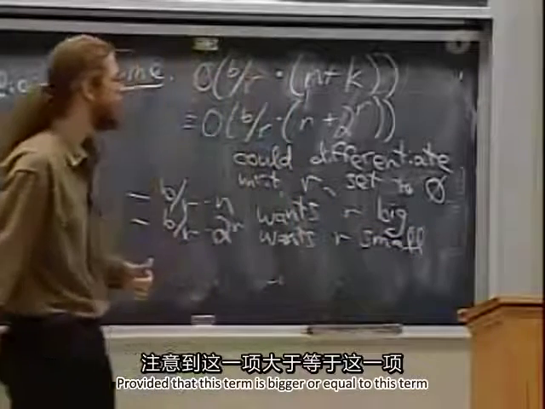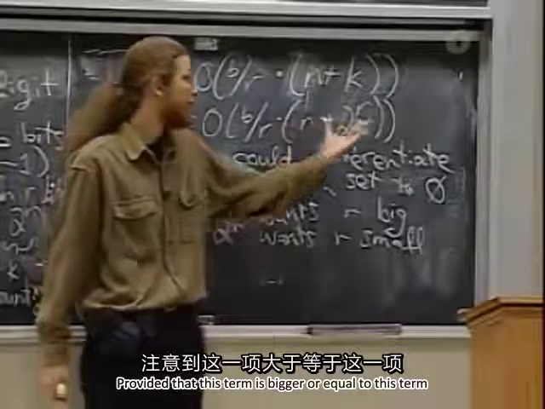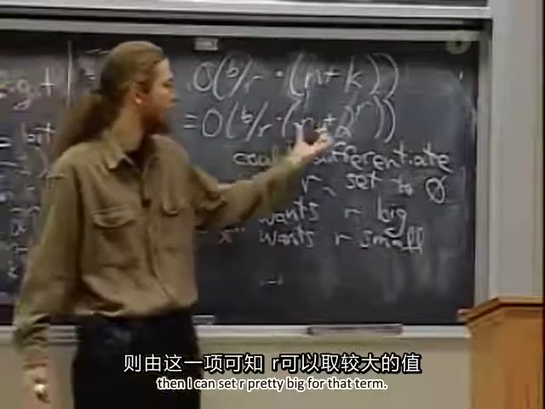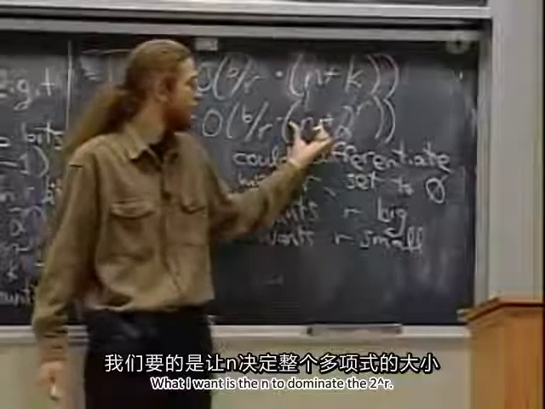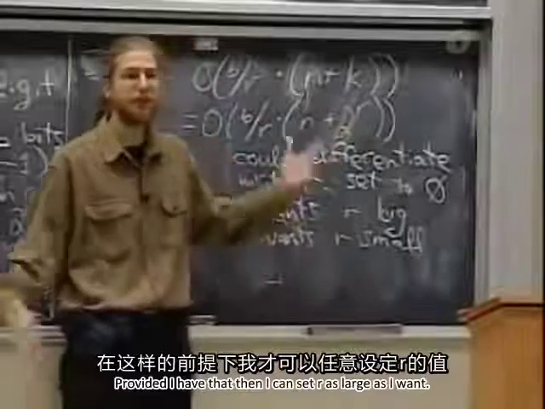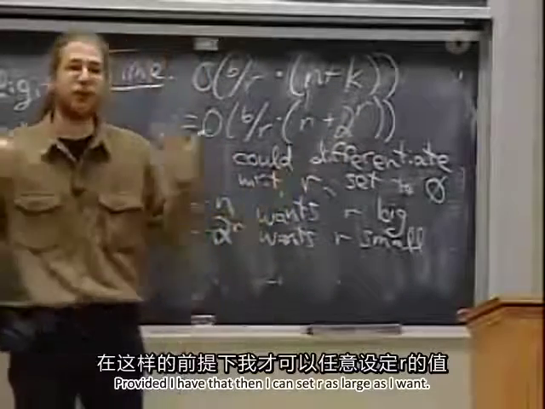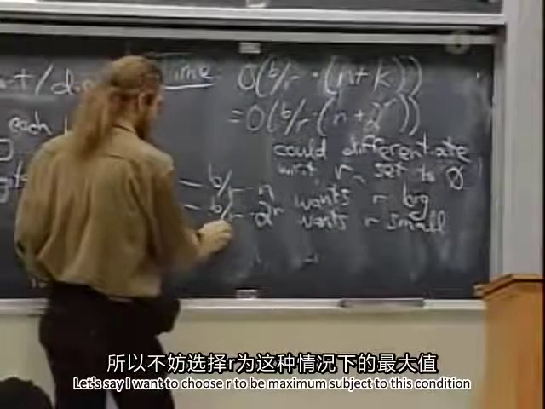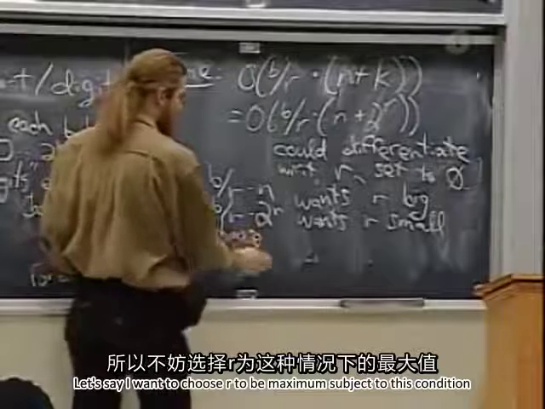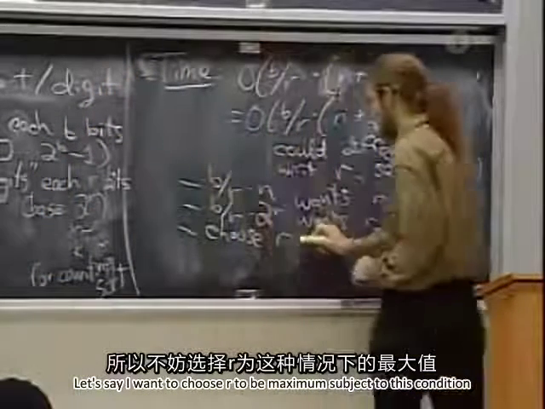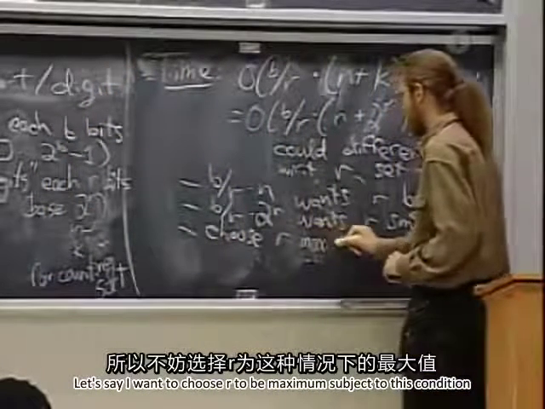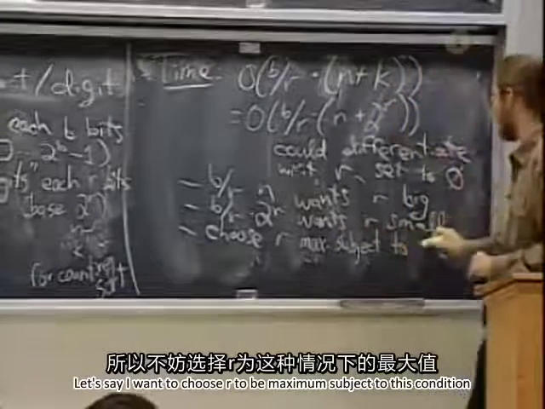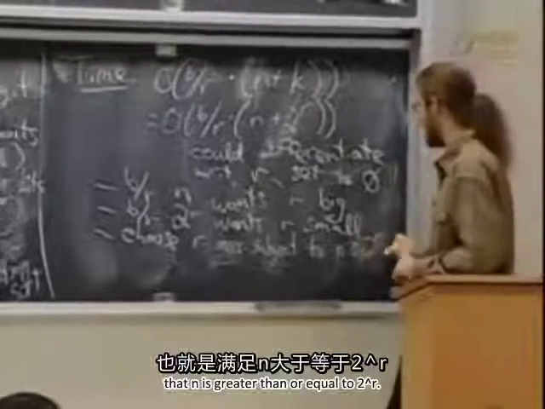So provided that this term is bigger or equal to this term, then I can set r pretty big for that term. So what I want is the n to dominate the 2 to the r. Provided I have that, then I can set r as large as I want. So let's say I want to choose r to be maximum subject to this condition that n is greater than or equal to 2 to the r.